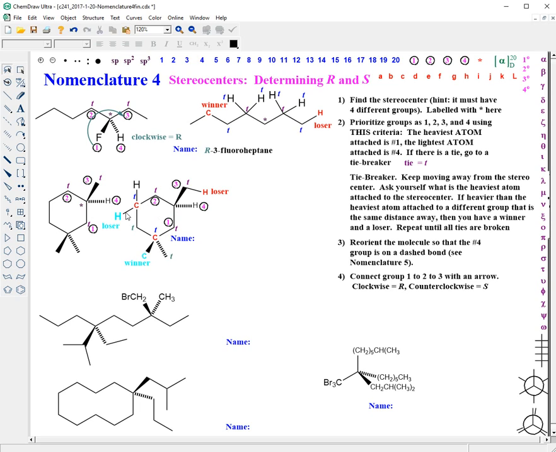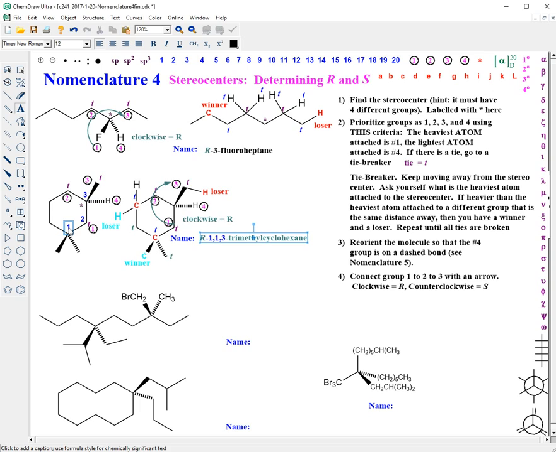Alright, we are allowed to connect 1 to 2 to 3. It looks like we're on a bit of an R fest here because the direction of this curve, once again, is R. So naming this molecule, the name of this molecule is R-1,1,3-trimethylcyclohexane.